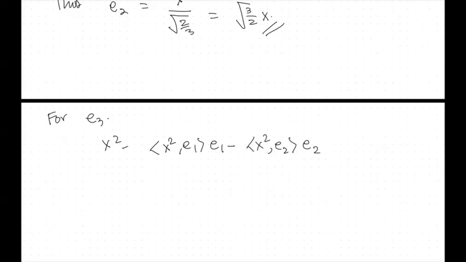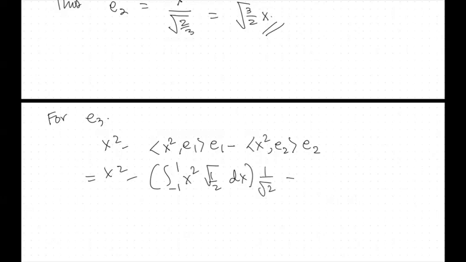So here we get x squared minus the integral from -1 to 1 of x squared times square root of 1 over 2 dx, times 1 over square root of 2, minus the integral from -1 to 1 of x squared times square root of 3 over 2 x dx, times square root of 3 over 2 x.